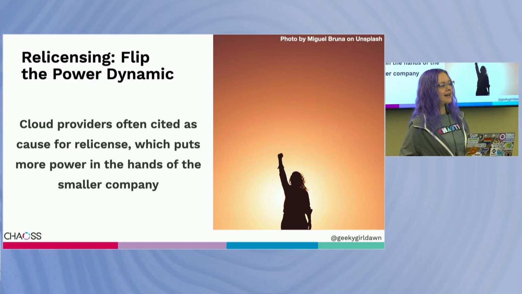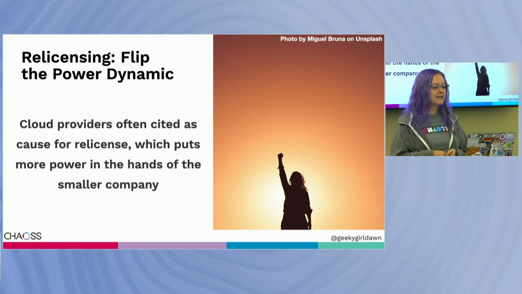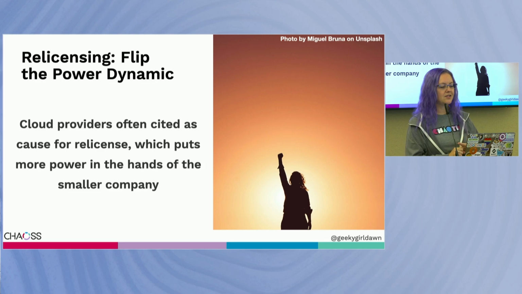Now, as I mentioned, the power dynamics are a little more complicated than the pyramid diagram that I showed earlier, because companies also need to answer to their investors, their boards, other stakeholders that are in a position of power over that company, whether it's a small company or one of those very large cloud providers. And lately, some companies have experienced a lot of pressure from VCs, shareholders, other investors to relicense their open source projects to generate more license revenue, especially when a vendor's revenue streams rely solely or maybe mostly on an open source project.